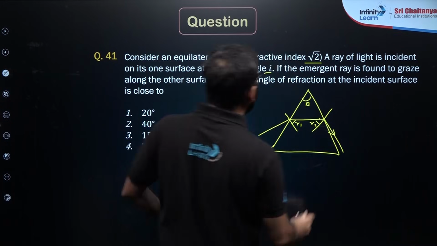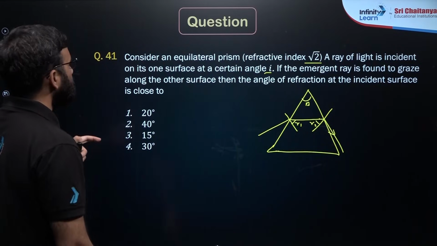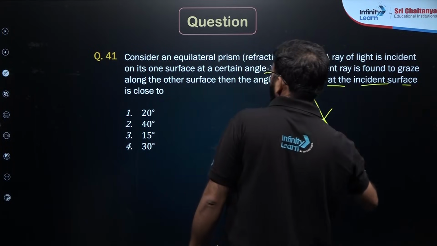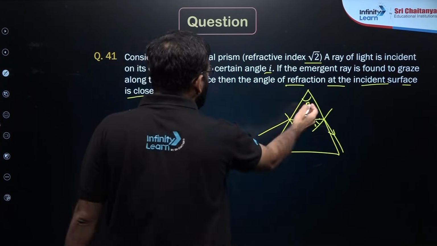Okay, so this is the condition. If the ray is found to graze along the surface, then the angle of refraction at the incident surface is close to. Okay, so this is my 60.